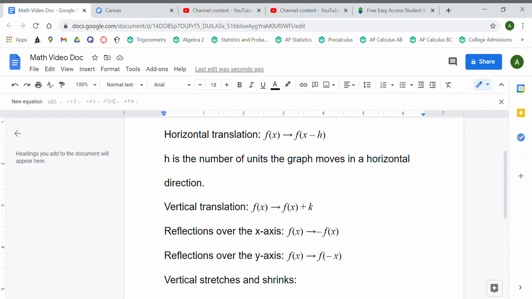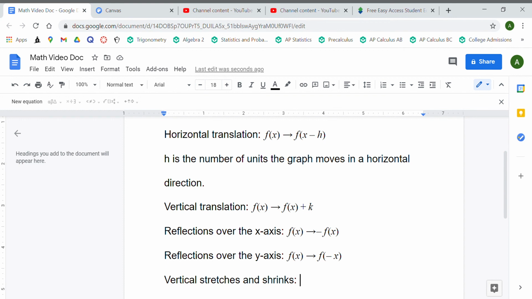Alright, so vertical stretches and shrinks. These ones you might not be familiar with. Really, all they are is all the points stretching away from the x-axis or y-axis, in this case the x-axis, by a certain factor.